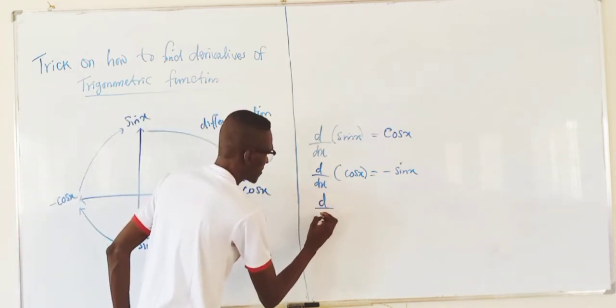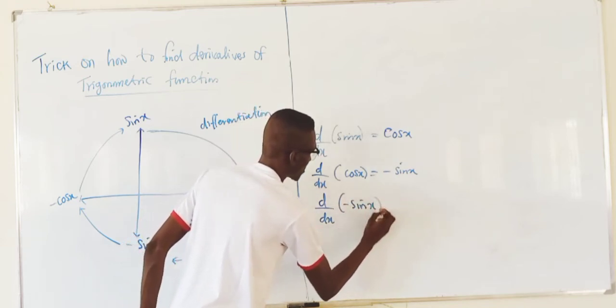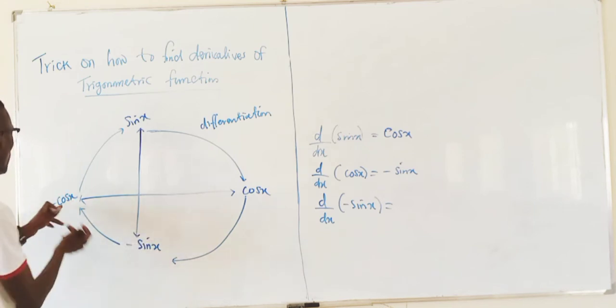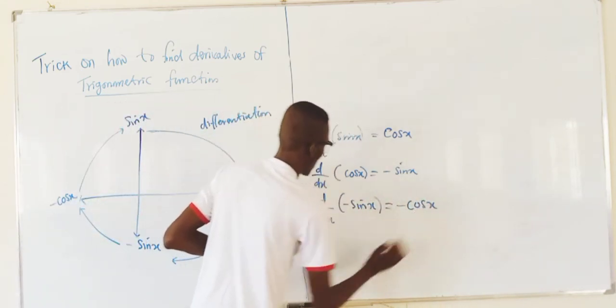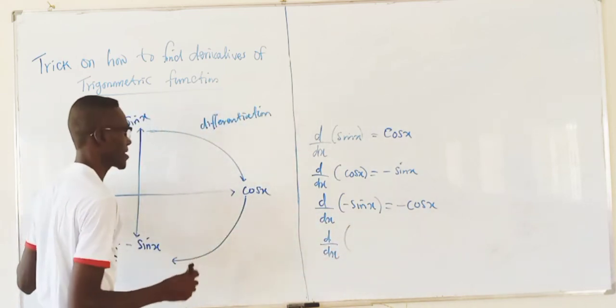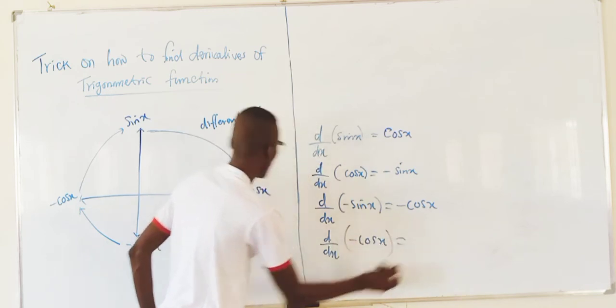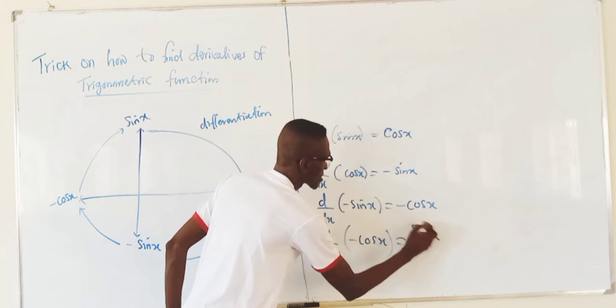If you take the derivative of this, just move one step. This is minus cos x. How about the derivative of minus cos x? This is going to be, just move one step, you are coming back to sine x.